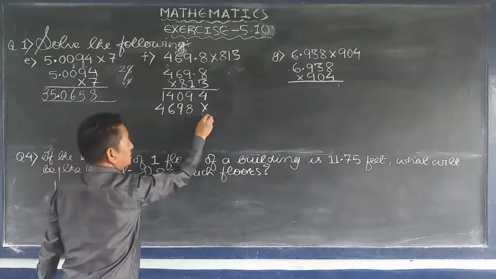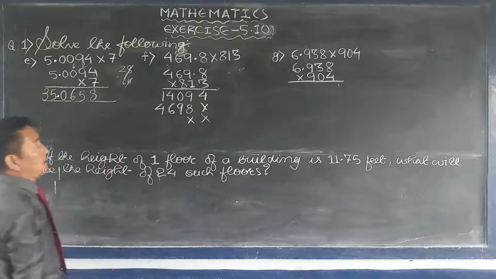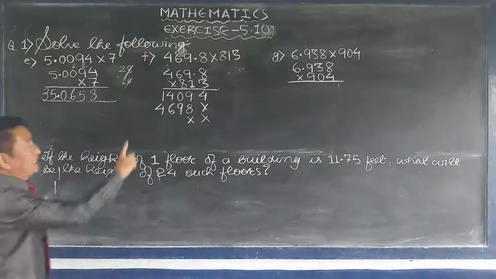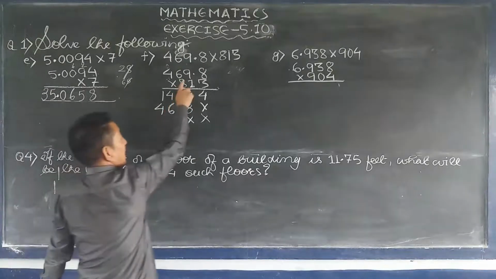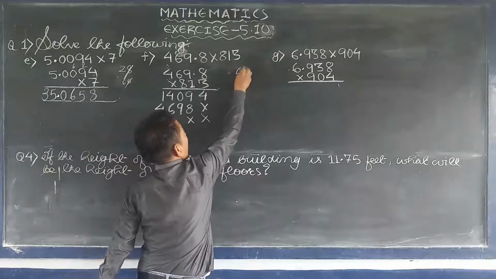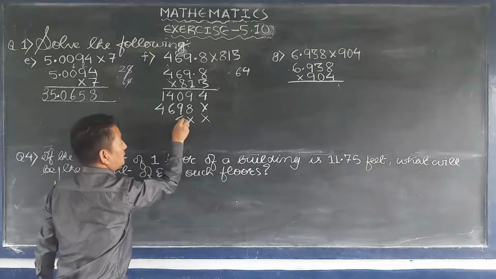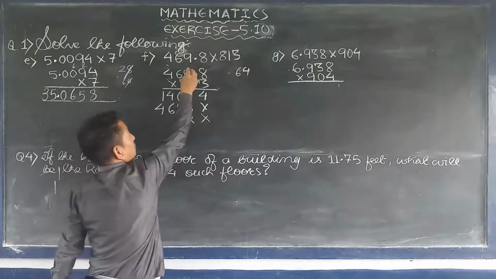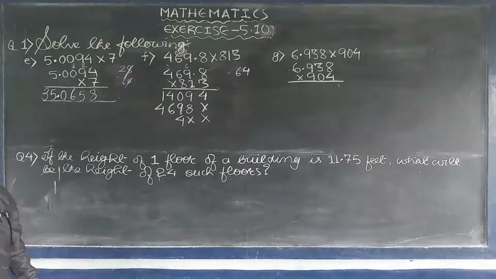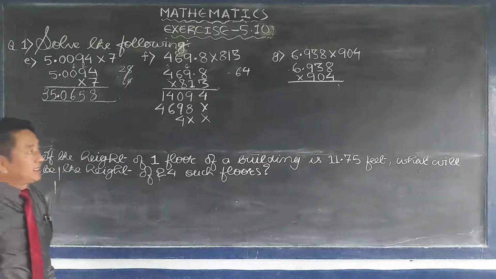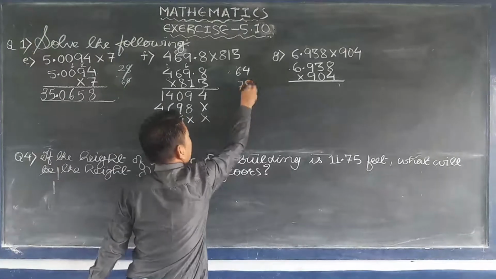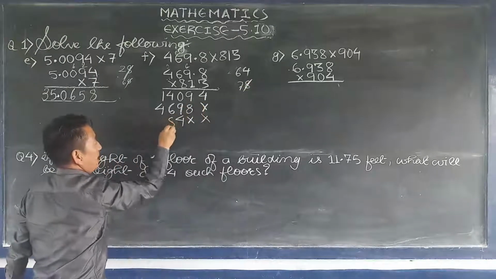Now here next, 469.8 is multiplied by 8. 8 8s are 64. We'll write 4 here straight. Then 6 will carry on here. 8 9s are 72. 72 plus 6, 78. We'll write 8 here.